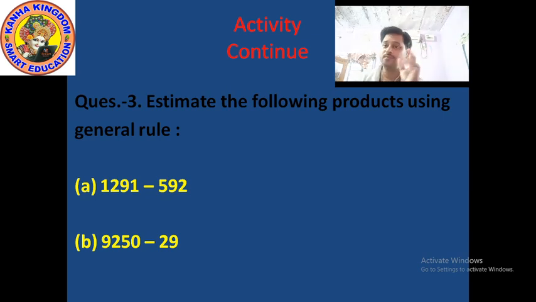Okay, so first you have to see the number and the digits of the number. When you see the number, then you understand how to do the product. So the first part of this question: estimate the following product using the general rule.